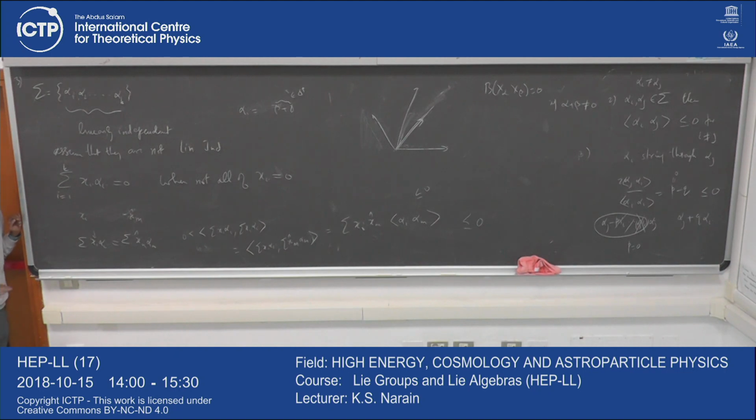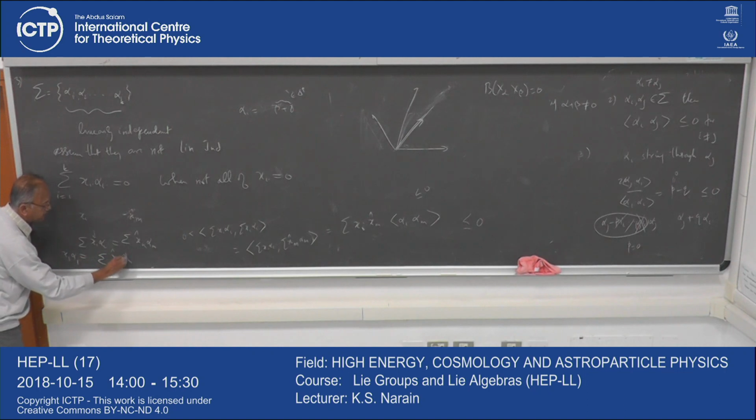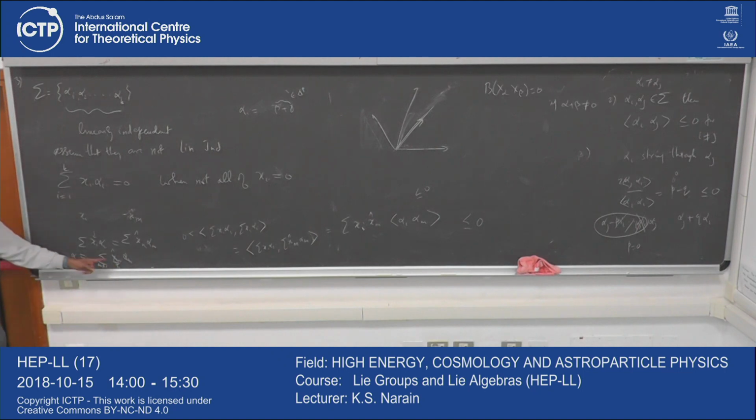Then it would say that x1 alpha 1 is equal to the sum of x hat m alpha m, where m is not equal to 1. Some of them may be 0, but when they are not 0, they are positive. Then I can divide by x1 because x1 is not 0. Then we are saying alpha 1 is the sum of the other simple roots, but the coefficients are not necessarily integers, right?